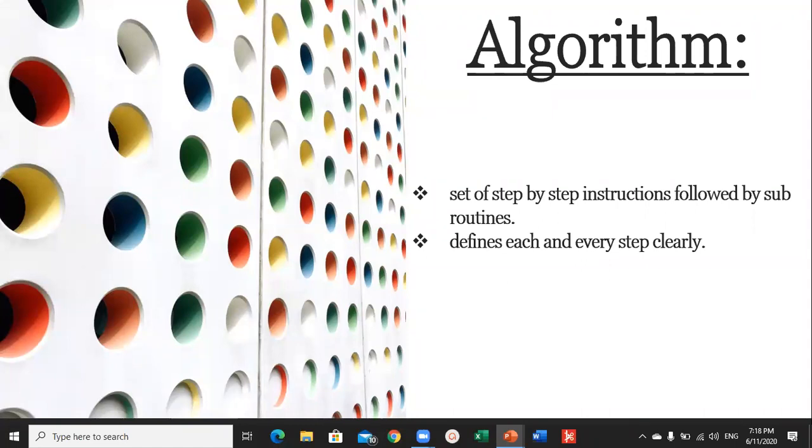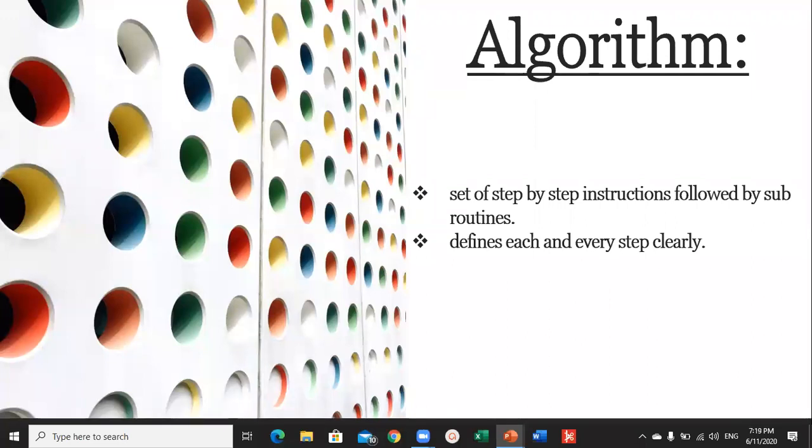What is the purpose of an algorithm? Algorithms are used to define each and every step clearly. The purpose of an algorithm is to define subroutines clearly to the operator, to the user of the system.